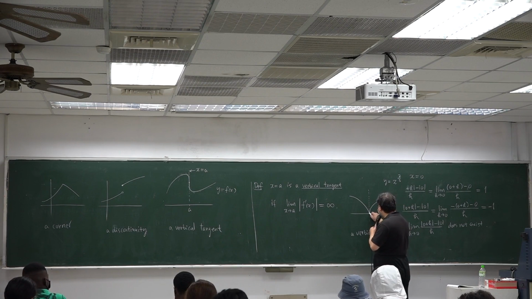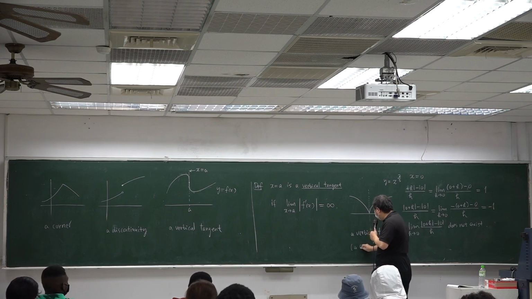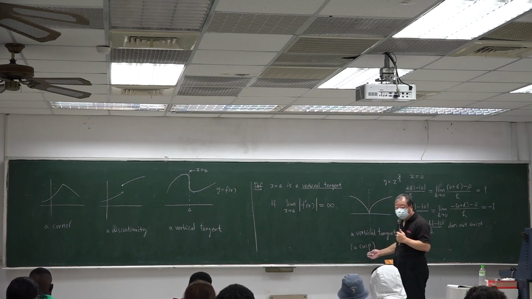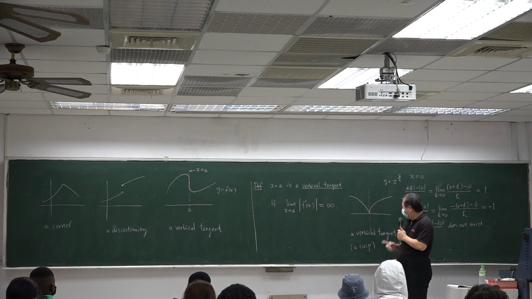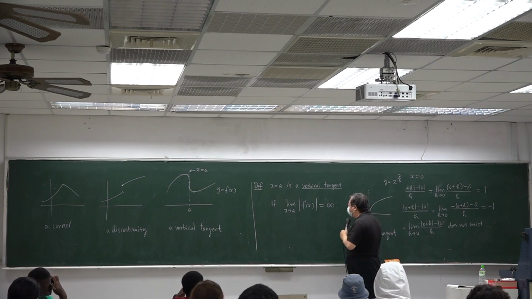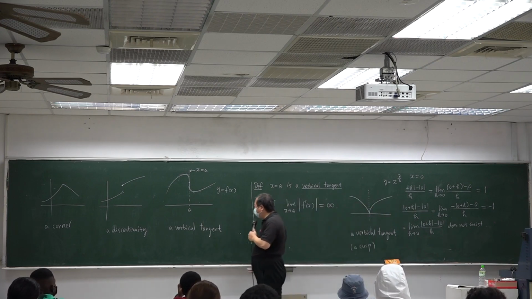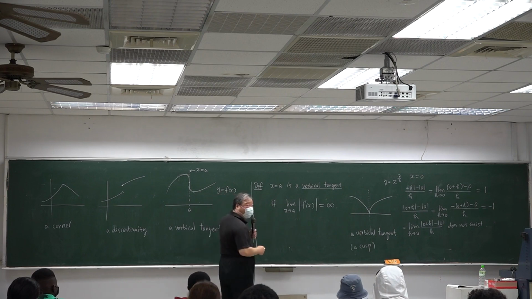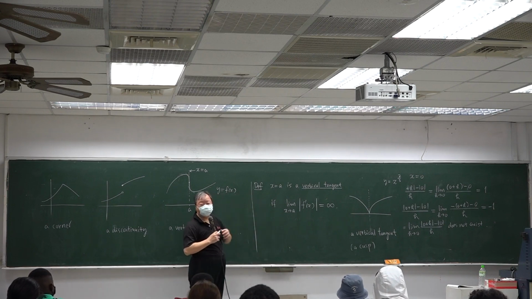Of course, some textbooks call this case a cusp. I don't know whether this spelling is right or wrong. Anyway, in this textbook, both this one and this one have vertical tangents, okay? By definition. Let's take a short break, thanks.